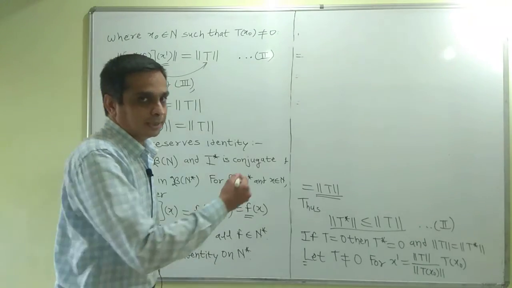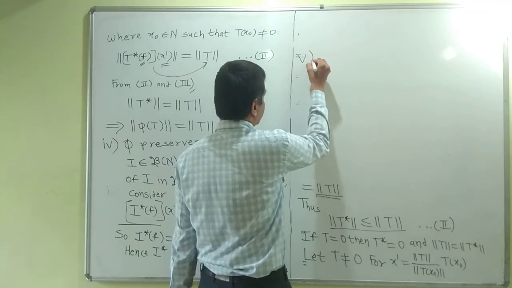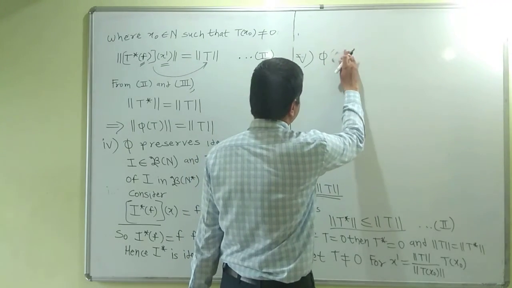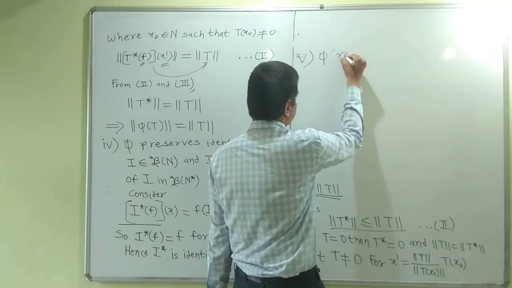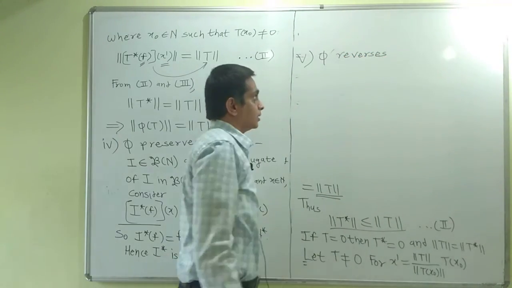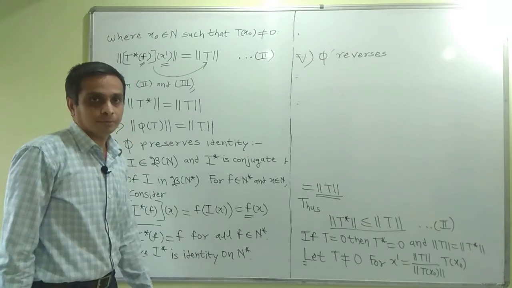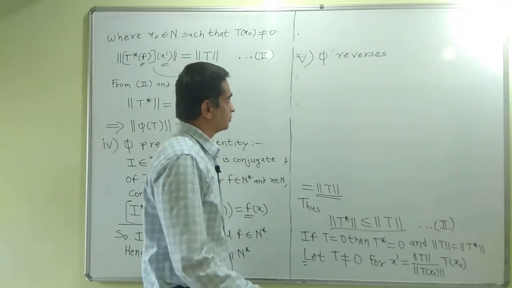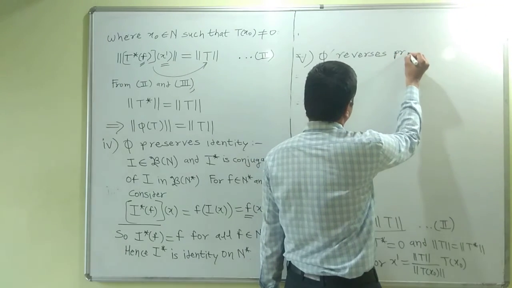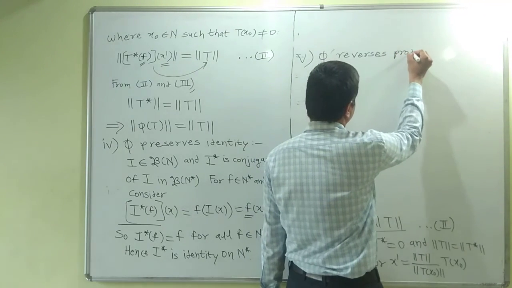One last property, I leave it as an exercise to you to prove that phi reverses products. You can refer to the notes in case you are not able to solve this. I have provided you a detailed proof in the notes, but first you try to prove it on your own by using the definition.